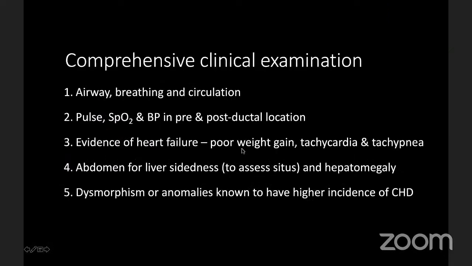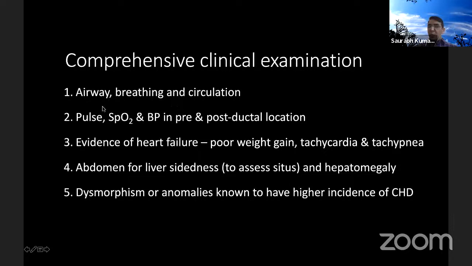So the comprehensive clinical evaluation should include airway, breathing, and circulation, depending upon the setting in which we are seeing the case: pulse, saturation, BP in pre and postductal locations, and evidence of heart failure. This will be seen in conditions with increased pulmonary blood flow.